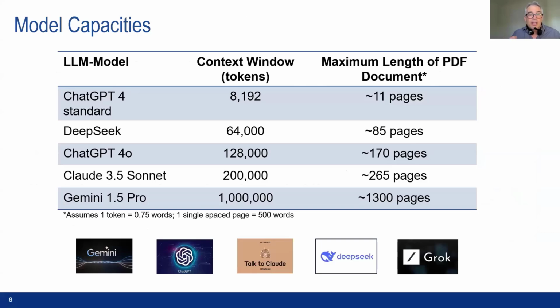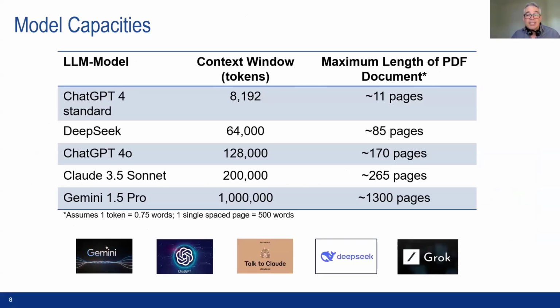This development, the large volumes of text, is really important for us as reviewers, because in data extraction, we usually work with PDF documents. So that means we must be able to upload entire PDFs to an LLM for extracting data. And this capacity varies across models.